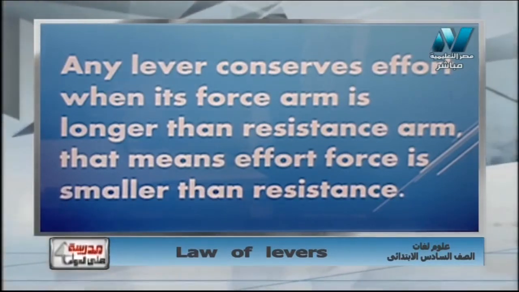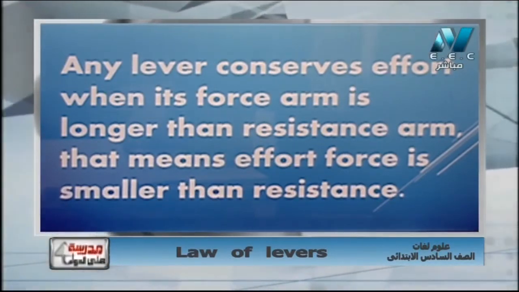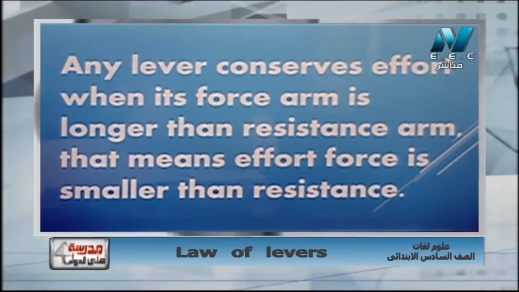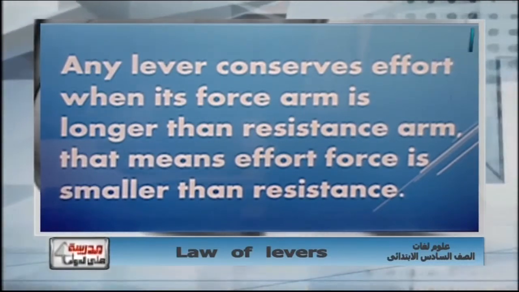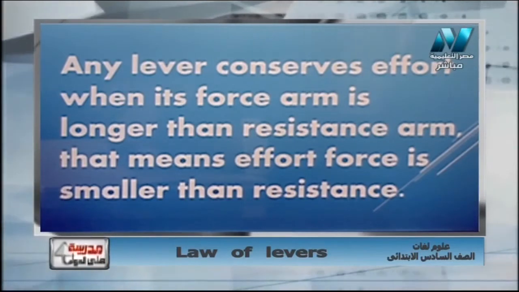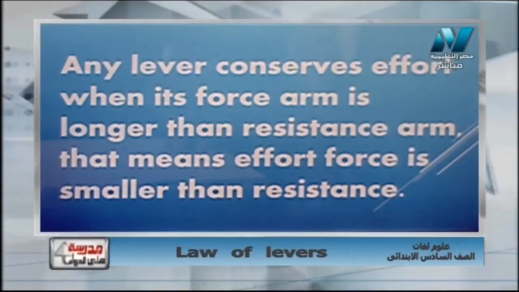If the effort force arm in this lever is longer than the resistance arm, it conserves effort. What's meant by saving or conserving effort? That means that you can use a small amount of force to remove a large amount of resistance. As you see on the monitor, this is a huge rock.